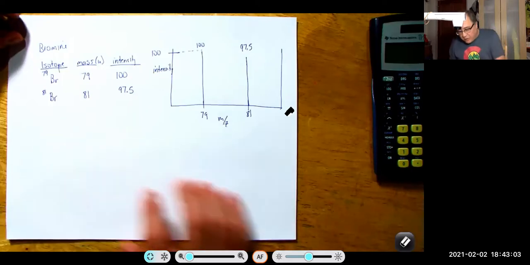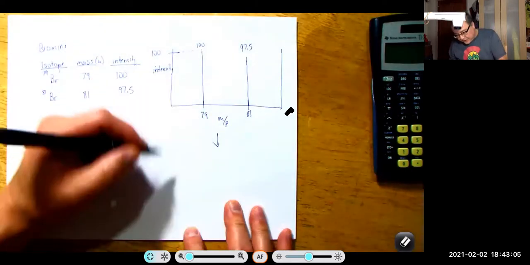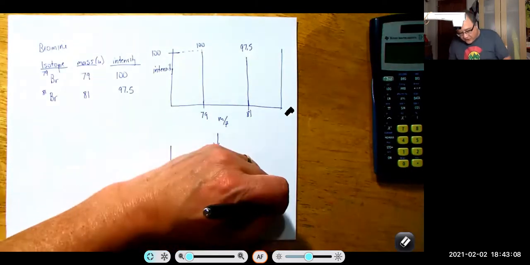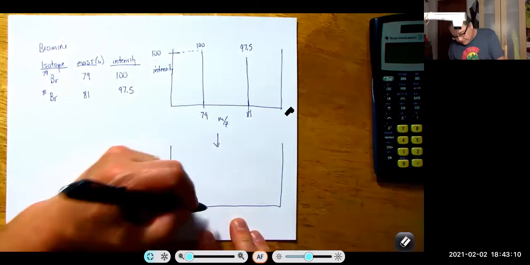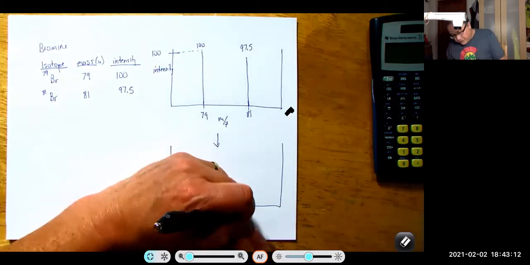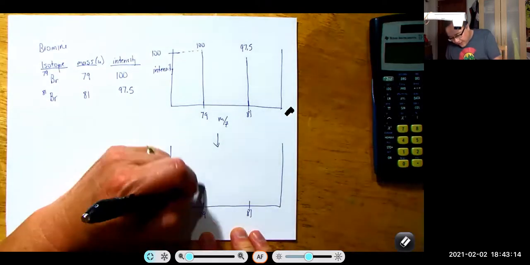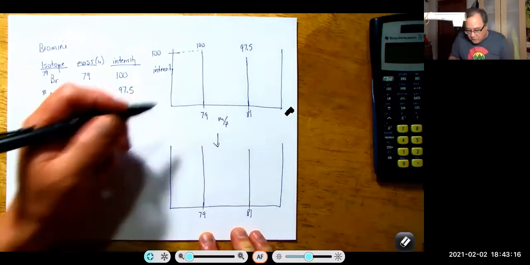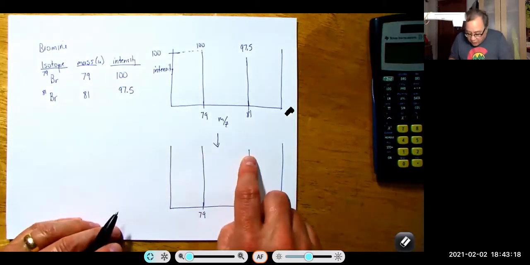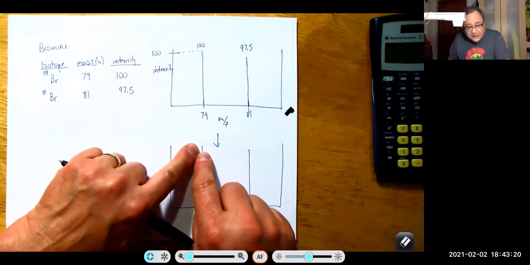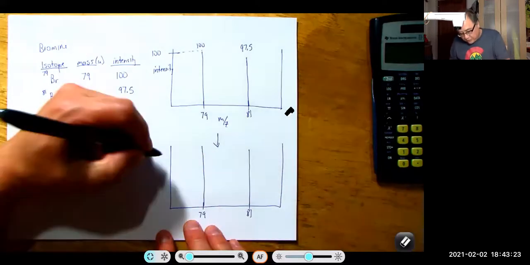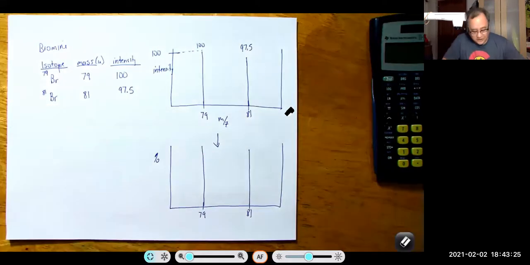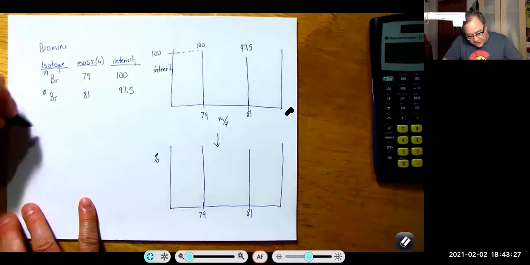Okay, we want to take this graph and turn it into something like this, where you still have a tall peak and a shorter peak, but we want the percentage here and the percentage here. So we want percentages. So how do we calculate percentage?